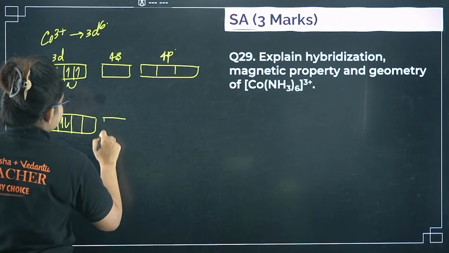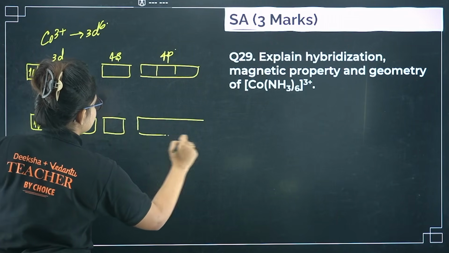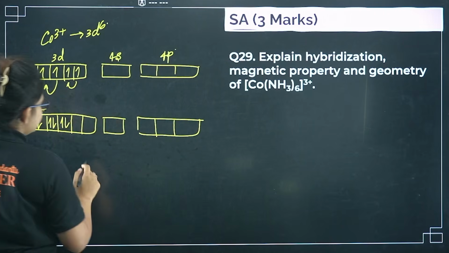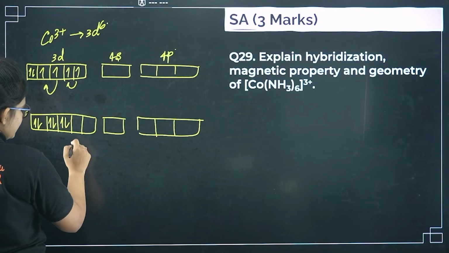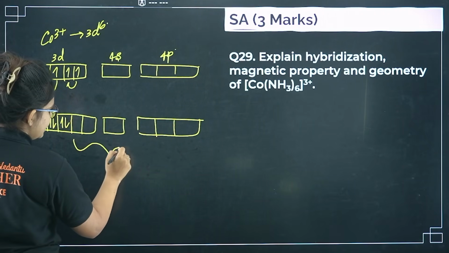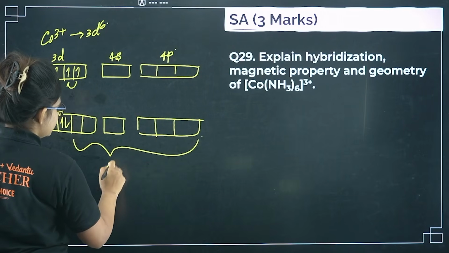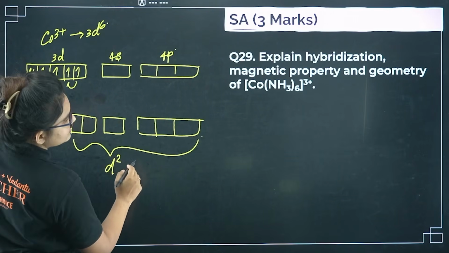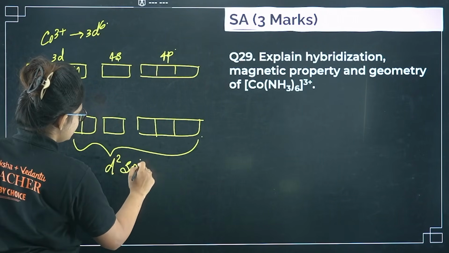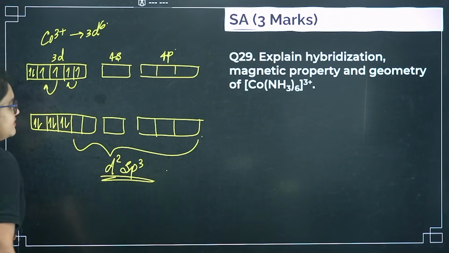Okay, and these orbitals will be there. So now hybridization will take place along with this 1s and 3p. So d2sp3, this is the hybridization.